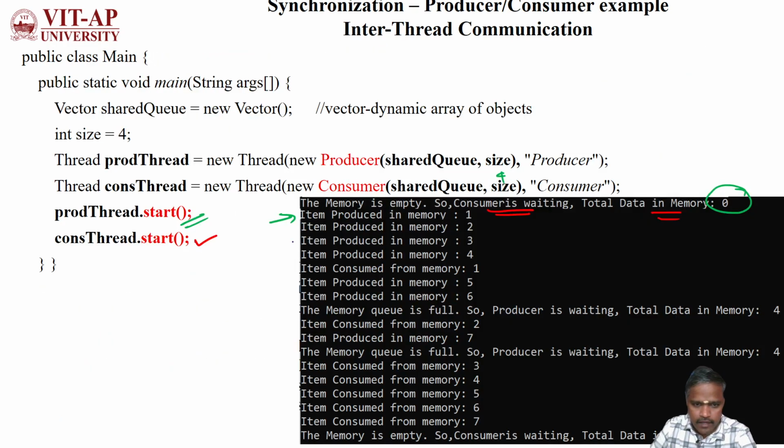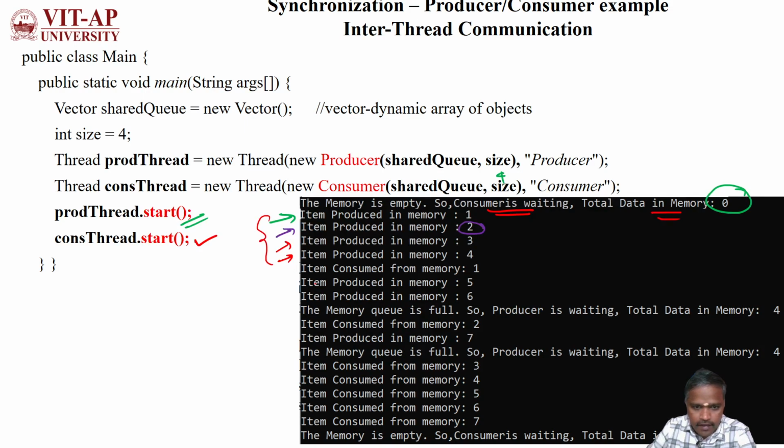Okay, at the same time, you look at that, the thread is still not woken up. The thread lock is still with the producer, within microseconds. So you look at that, the second data is also produced by the producer thread, then the third data, and the fourth data also produced.